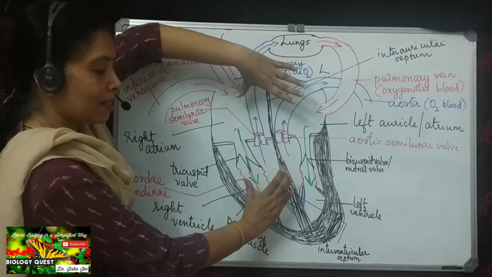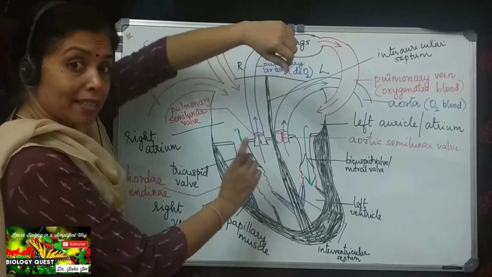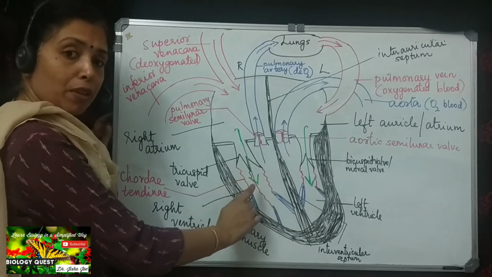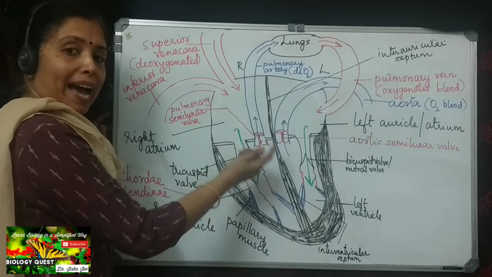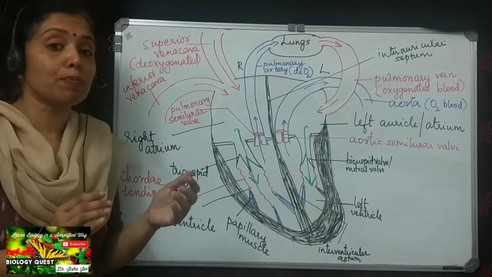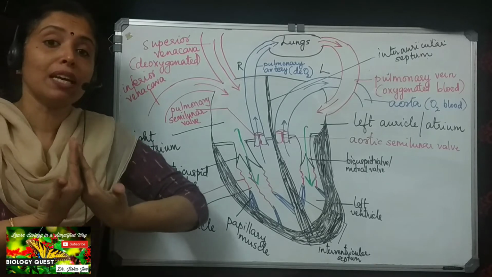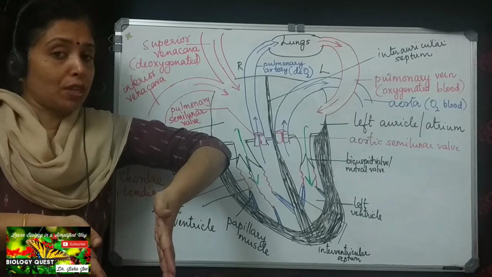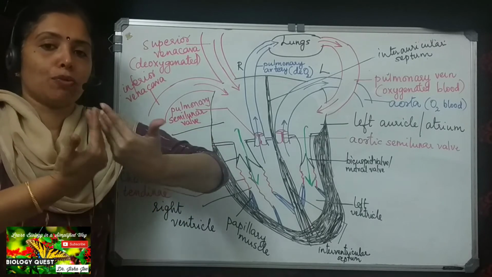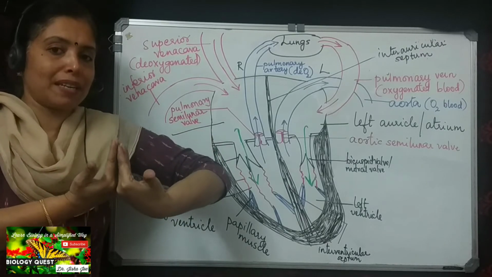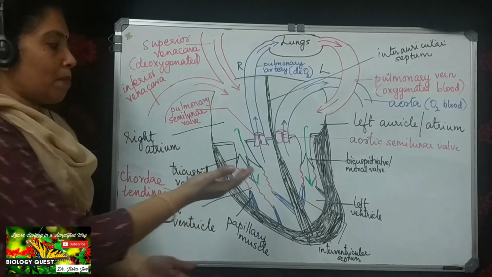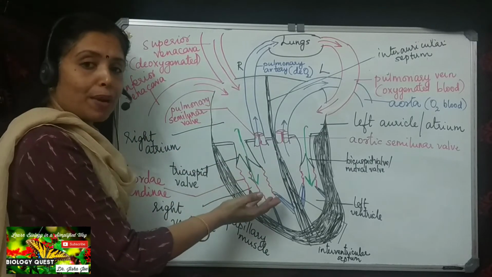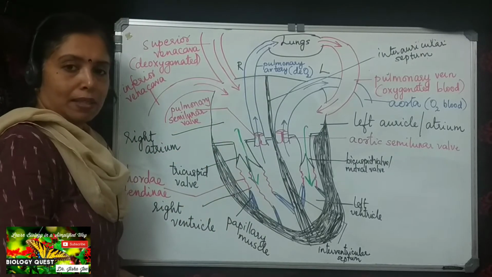As a result of this contraction, there is a chance for the blood from the ventricles to flow back into the auricles. This is prevented by the closure of the cuspid valves. The cuspid valves, it was like this. During ventricular contraction, it will close. The opening is closed, preventing the backward flow of blood from the ventricles into the auricles.